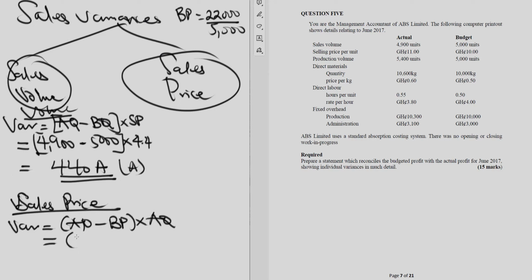And our actual price for this was 11 cedis. Budgeted price was 10 cedis. Actual quantity sold was 4,900. So when we deduct this, we have a difference of 1, so 4,900 favorable variance.